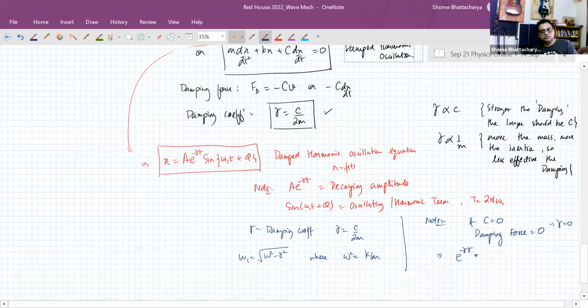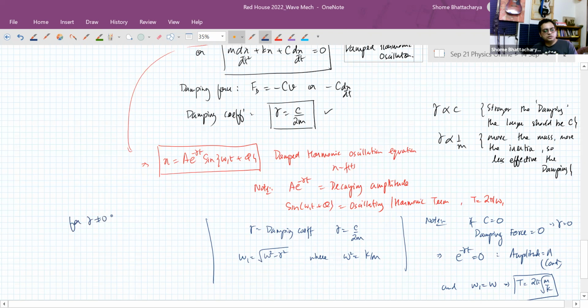So the e raised to minus gamma t term will become 1, so the amplitude will be constant. And also omega 1 will become omega. So the time period will be 2 pi under root m by k.